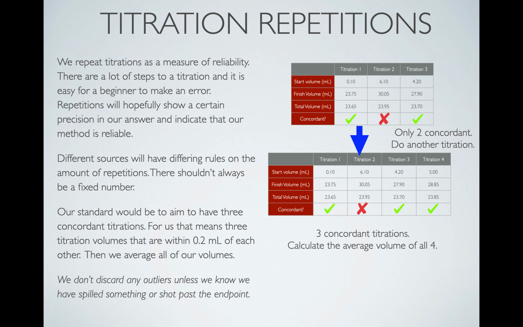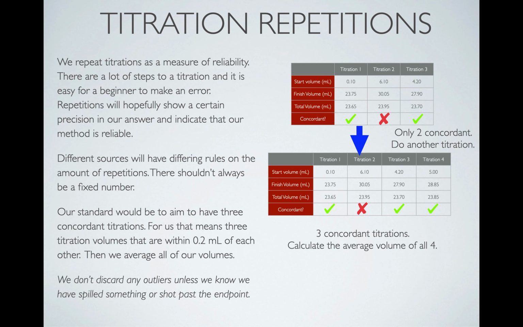Once we have 3 of them within 0.20 millilitres of each other, we know we've done a good job. So looking at the top diagram here, we've got 23.65, 23.95 and 23.7. The top and bottom ones are all within 0.30 mL of each other, so we haven't got 3 concordant ones.